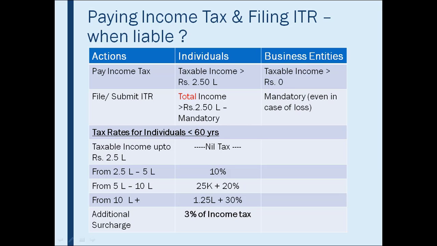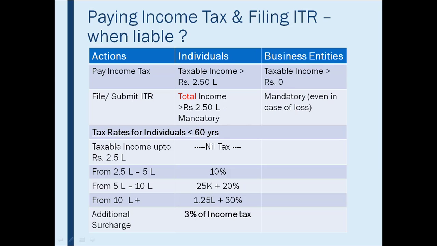Now, for example, I may have a total income of, let's say, 3 lakhs, and I have invested in specific government avenues about 1 lakh. So what is the status? First of all, whether I need to pay income tax, so calculate taxable income.